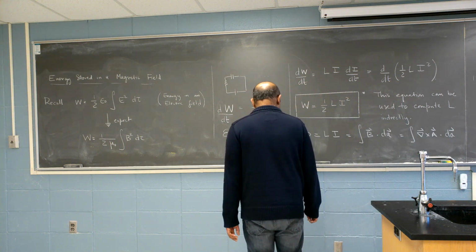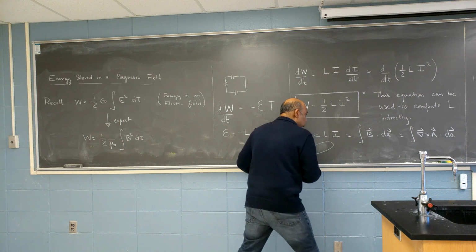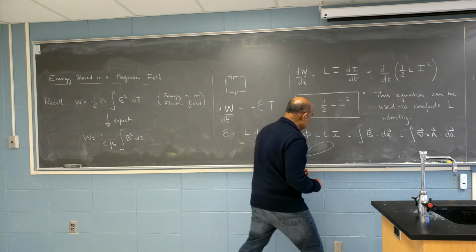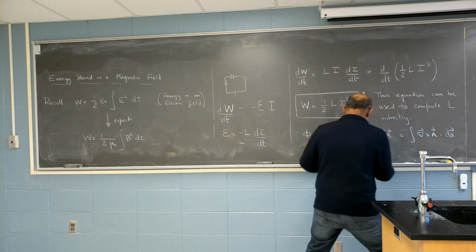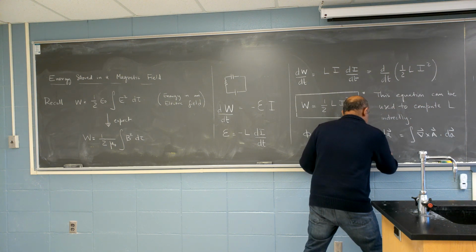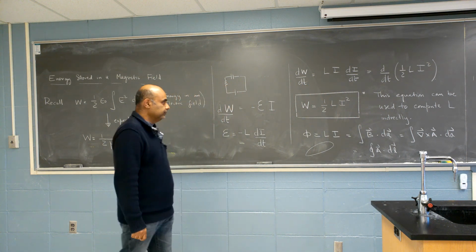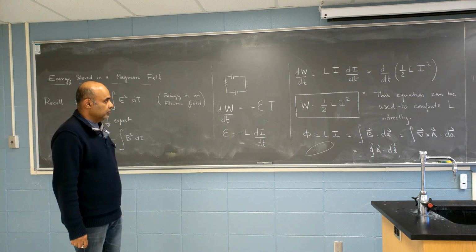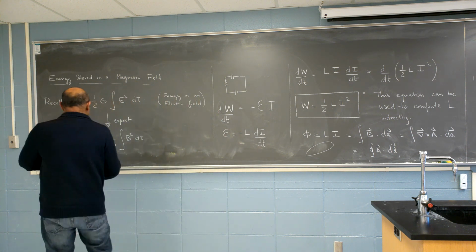So again, within the context of what we're doing, you have a loop, and then you compute the B dot dA, and you get, using Stokes' theorem, nothing more than A dot dL. Correct? All right. We know what this is and where we're headed.